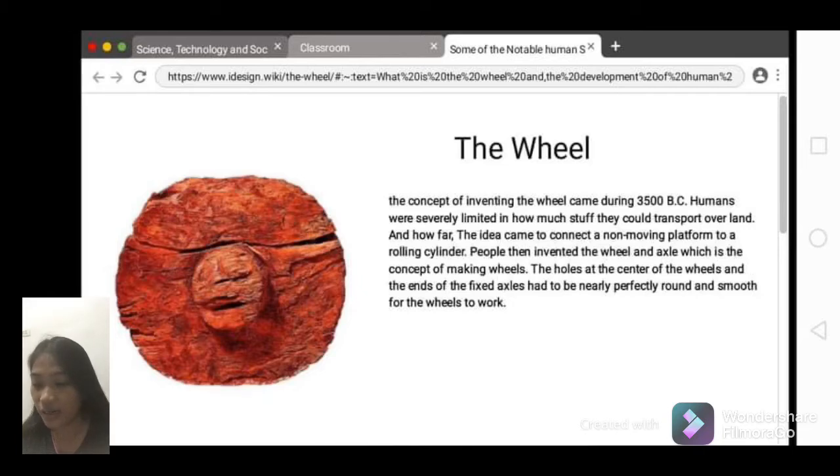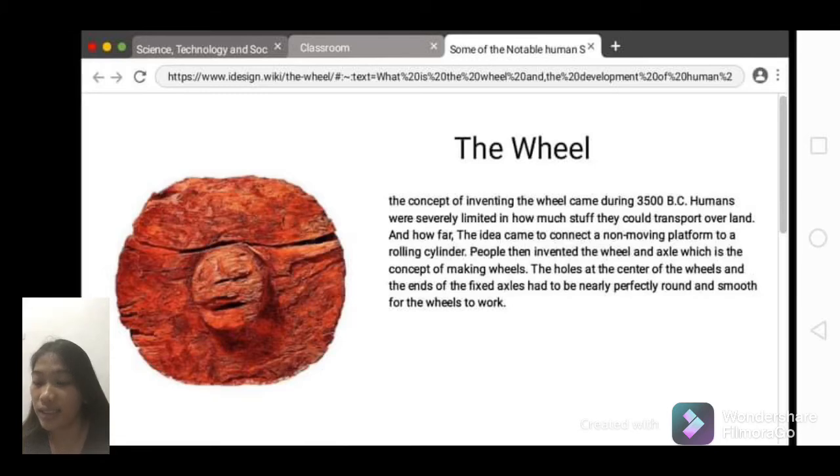Humans were severely limited in how much stuff they could transport over land, and how far. The idea came to connect a non-moving platform to a rolling cylinder. People then invented the wheel and axle, which is the concept of making wheels.